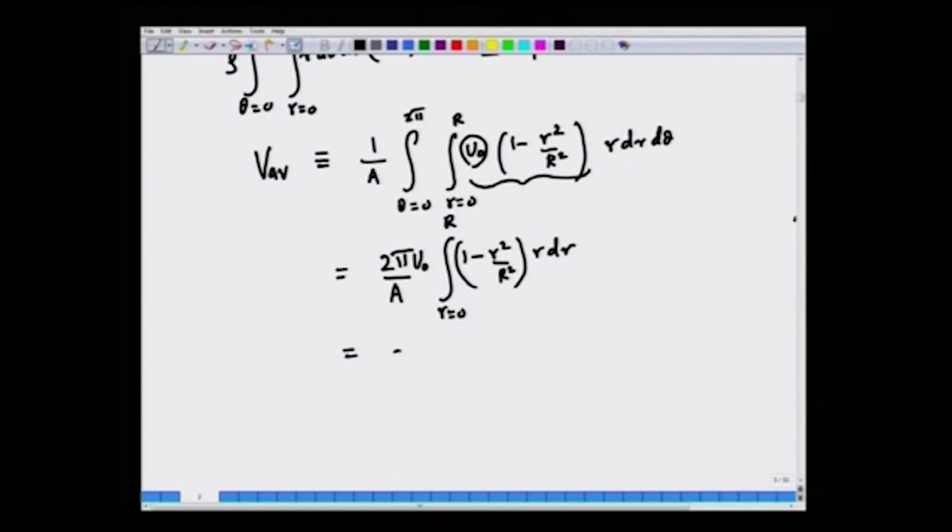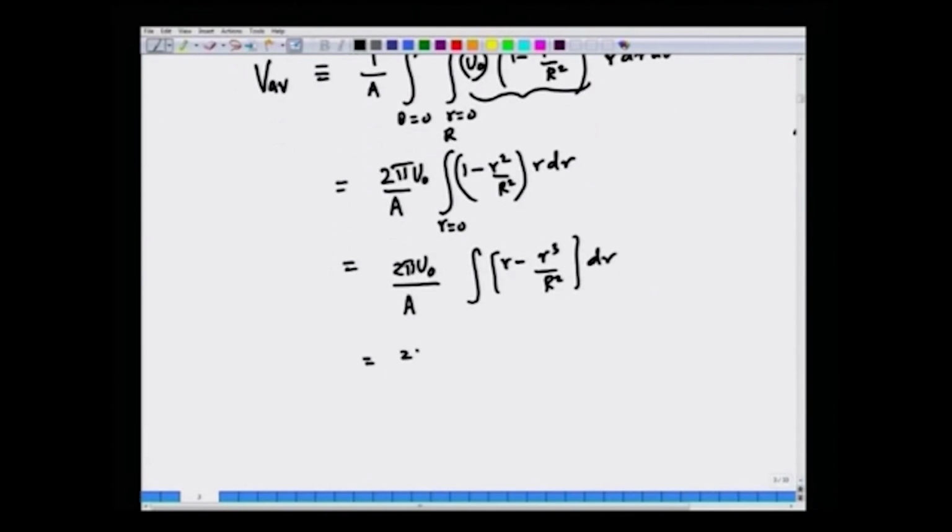So, this is 2 pi u naught by A integral of r minus r cubed by R squared dr. This is 2 pi u naught divided by A, with r from 0 to R, r squared by 2 minus r to the 4 by 4 R squared.